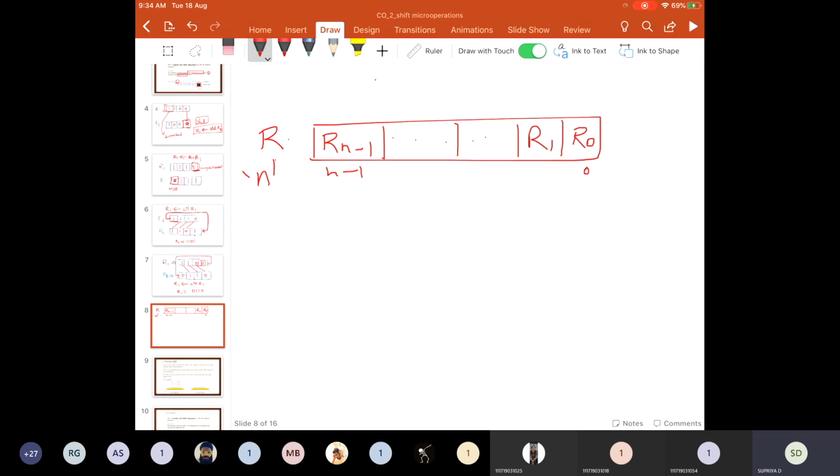If we want to perform arithmetic shift right, represented by ASHR, note that arithmetic shift operations perform shift left or shift right for a signed number. The most significant bit of a binary number represents the sign. If it is 1, the number is negative, and if it is 0, the number is positive.